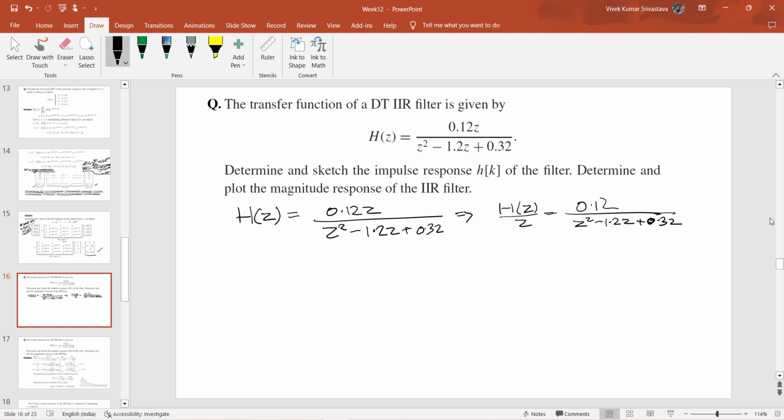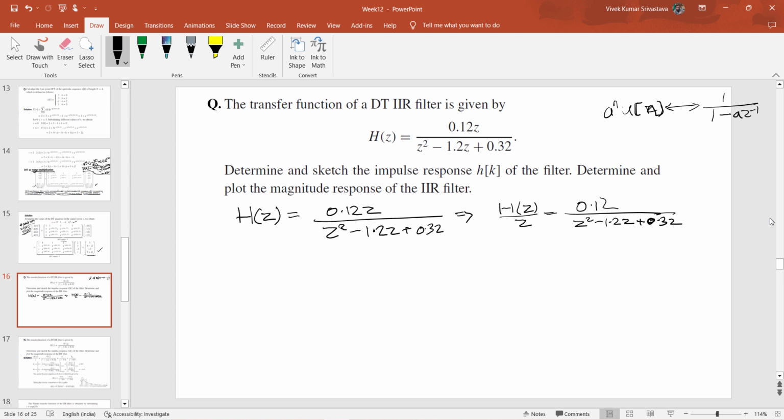Why I am dividing this H of z by z, we will see later. In z transform, we all know that the transform of a to the power n into u of n is written as 1 over 1 minus a z inverse.